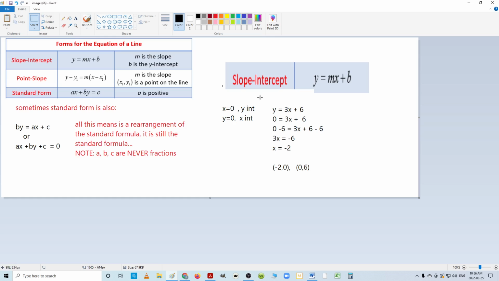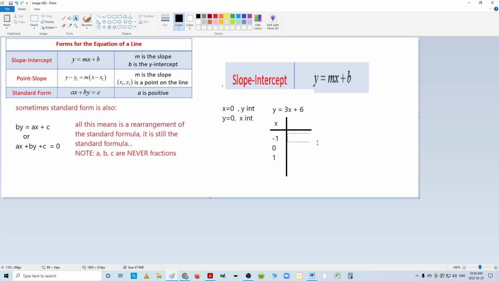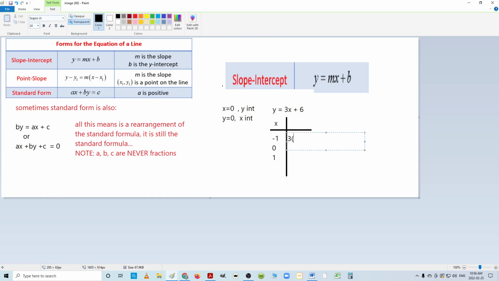Very useful. You can also take any formula that you have and you can make what's called a t-chart. And y is always dependent on what x is. So you can always just start with x and throw in some simple values. Those are the three simplest values. And I can see when I put minus 1 in the above, I get 3 times minus 1, which is minus 3, plus 6, I get 3.